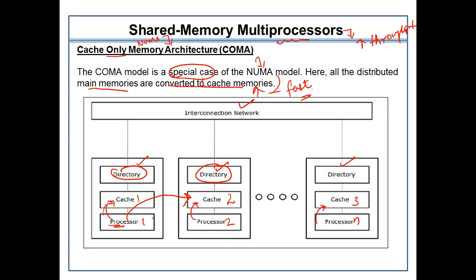Cache memory 1 will have a certain address space available. Similarly, cache 2 will have a certain address space, and cache 3 will have some address space available accordingly. So this directory will help in making the communication more successful and enhancing the throughput rate of the cache only memory architecture module.